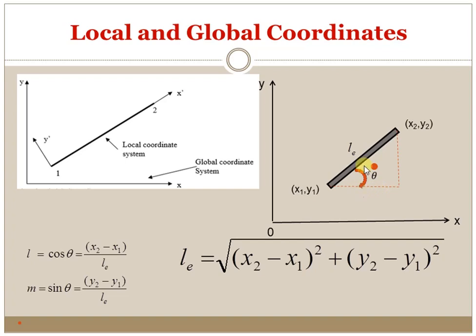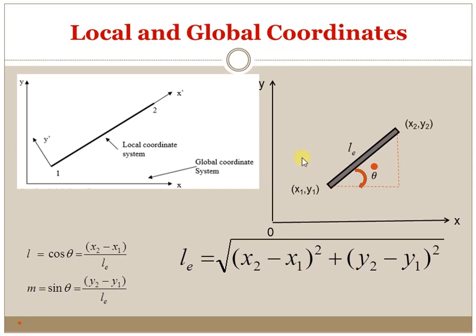Now, if you want to find L, that is cosine, you can write L equal to cos theta equal to x2 minus x1 upon the effective length of this element. Similarly, M equal to sin theta equal to y2 minus y1 upon LE, the effective length. So how do we calculate the effective length of this element? You can use the Pythagoras theorem. Finally, the effective length is the square root of x2 minus x1 bracket square plus y2 minus y1 bracket square.